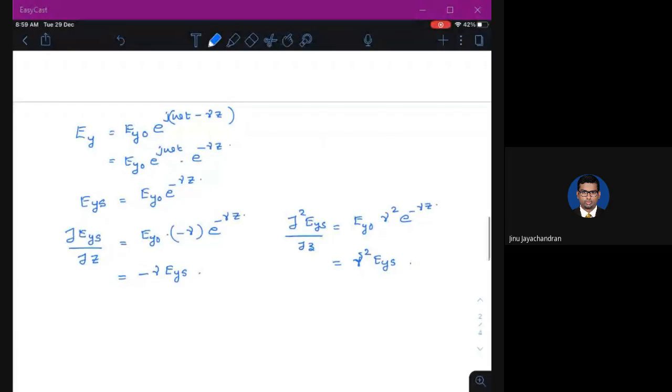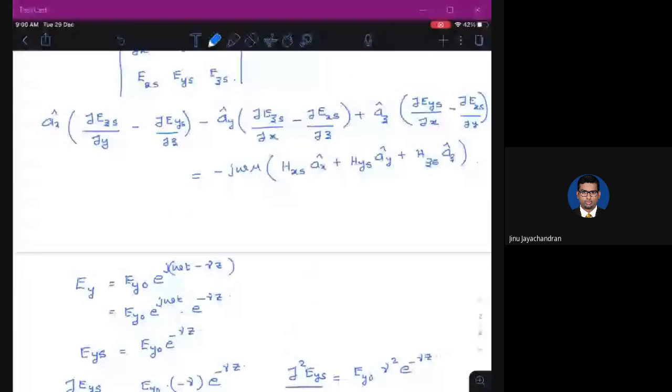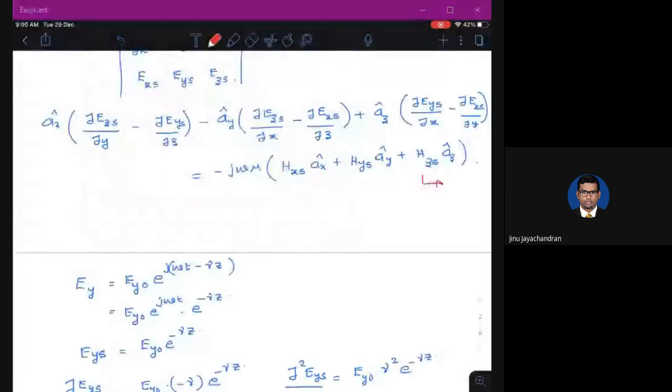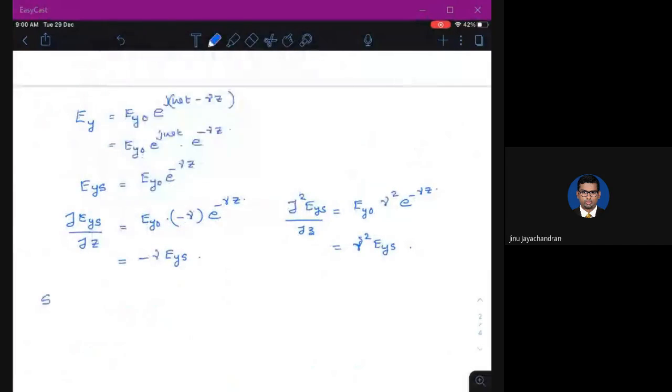This I am going to substitute in my equation. Let us number this equation. So substituting in 1, now you see this is for EY.